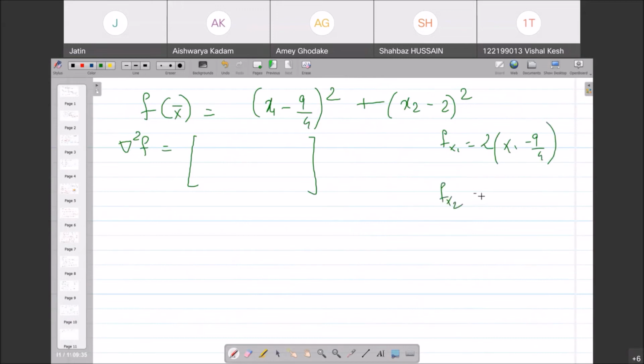So the Hessian is 2 0, 0 2. Good. So is this convex? Actually you can say this is strictly convex, because my delta 1 is strictly greater than 0, and my delta 2, the determinant, is also strictly greater than 0. So your f is a strictly convex function.